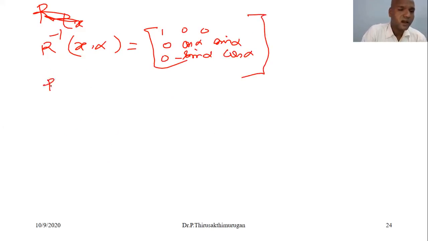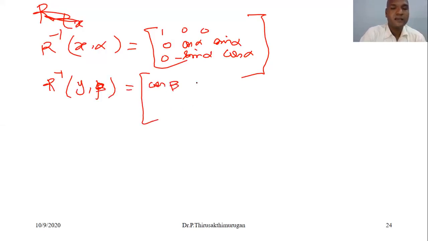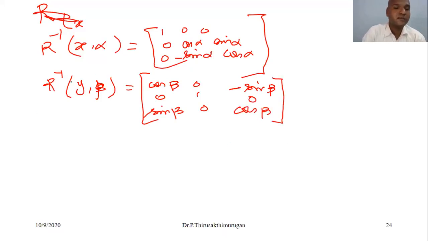So this is the inverse value. Similarly, R inverse of y comma beta is cos beta 0 minus sin beta, 0 1 0, sin beta 0 cos beta. This is the inverse of the rotation matrix for angle beta about the y axis.